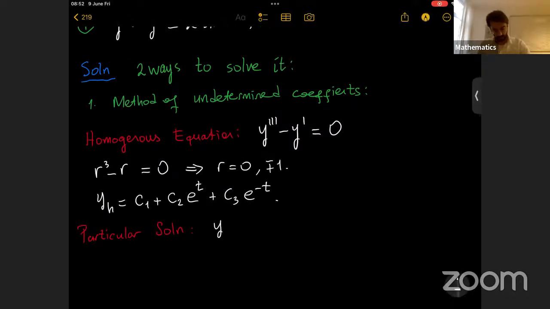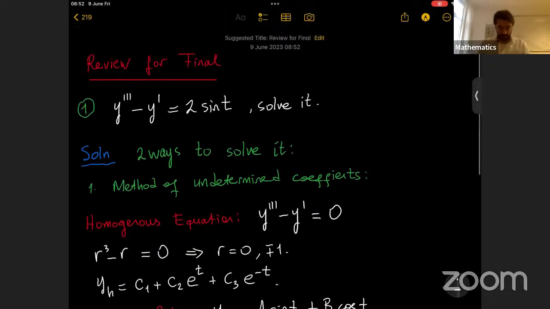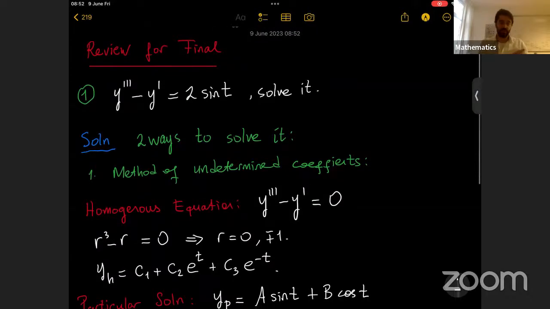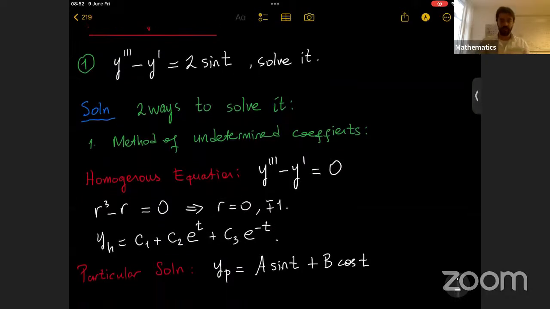It's going to be yp is like a times sine t plus b times cosine t. And we see that here sine t is not the solution of the homogeneous part, so we don't need to multiply by t. If it's also a solution of the homogeneous part, remember we multiply sine t with t, but here it's not, so this is simpler.